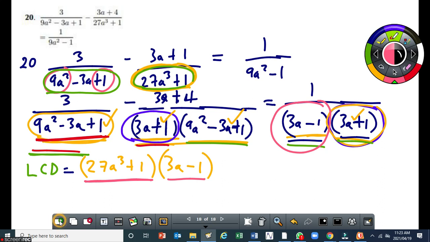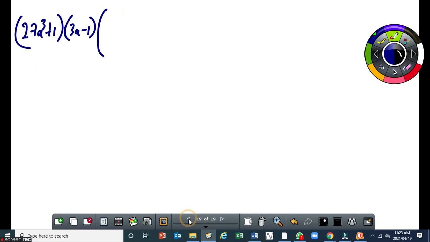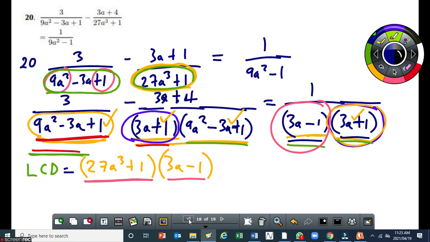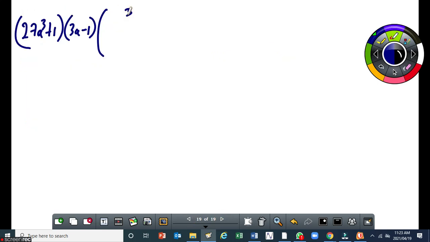We are going to have a very long sum, which is 27a cubed plus 1 times 3a minus 1. Now, this is going to multiply the first fraction, which is 3 divided by 9a squared minus 3a plus 1.